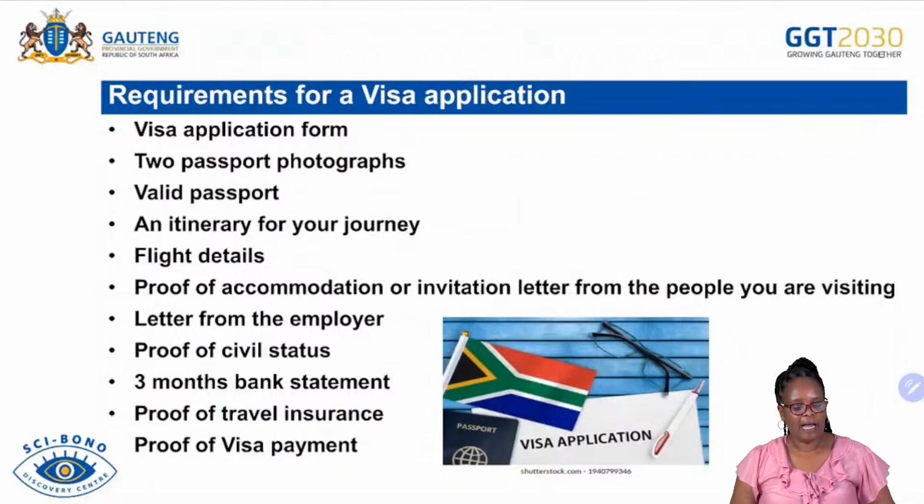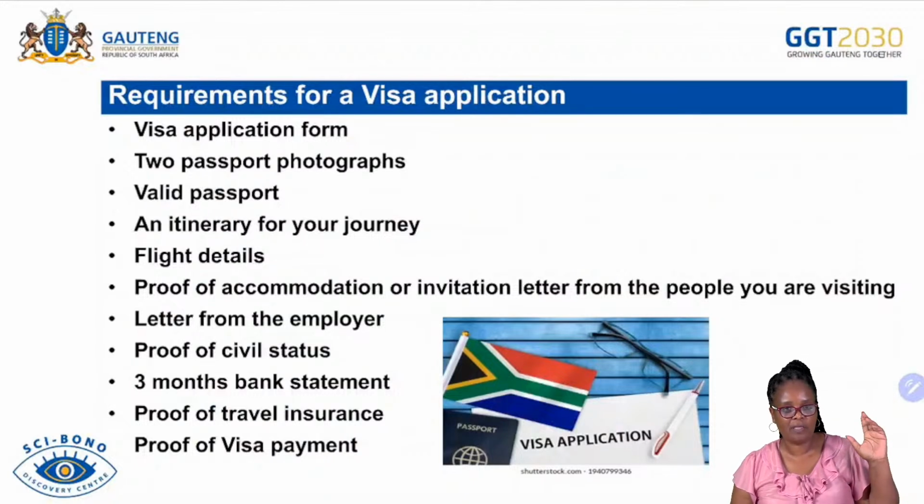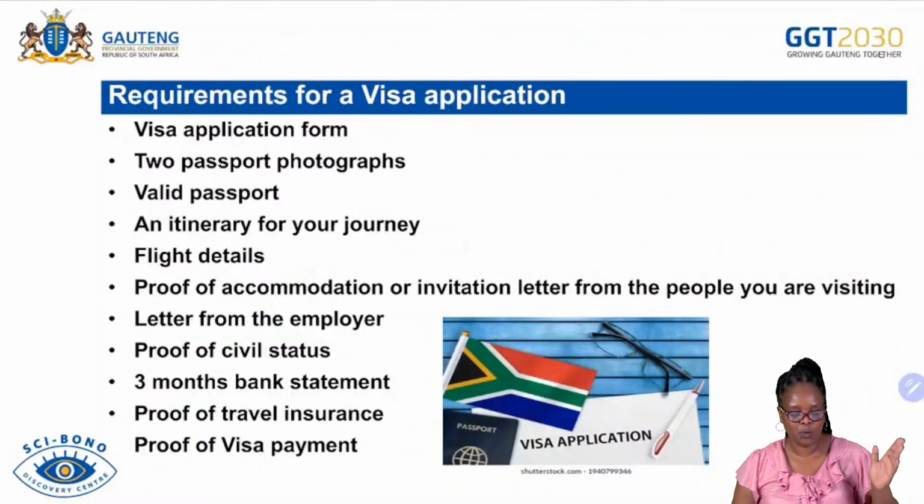You need to have an itinerary for your journey, an itinerary for your trip. They require that. You have to submit that. They have to say that you will be going there to do 1, 2, 3. So they need that itinerary.